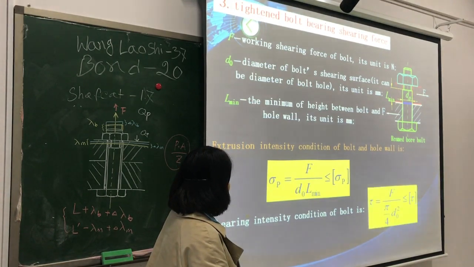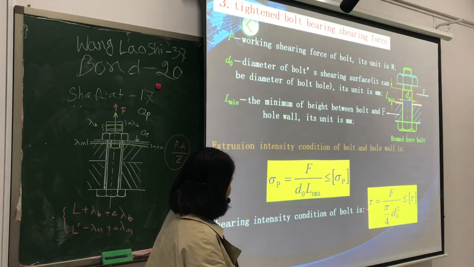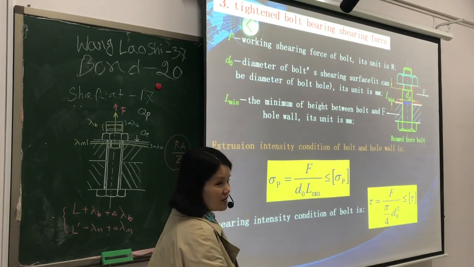The condition is that tau should be less than the allowable shear stress.